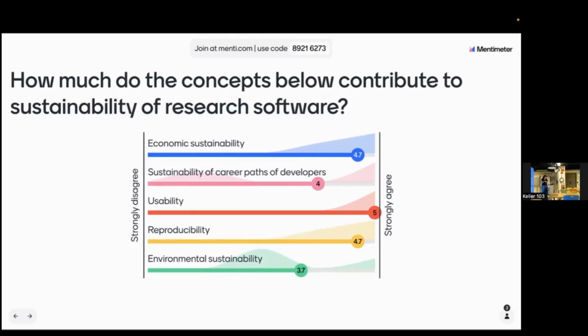So we have usability leading, reproducibility and economic sustainability. Yeah, now usability and economic sustainability, absolutely. Reproducibility is a big topic in sustainability of research software. And sustainability of career paths and developers, yes.